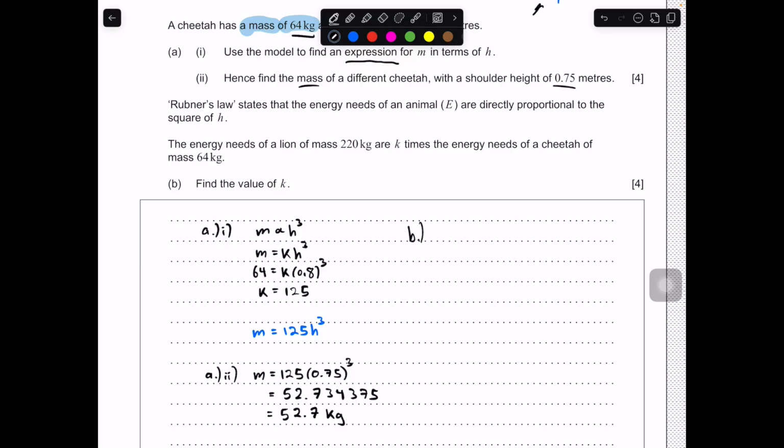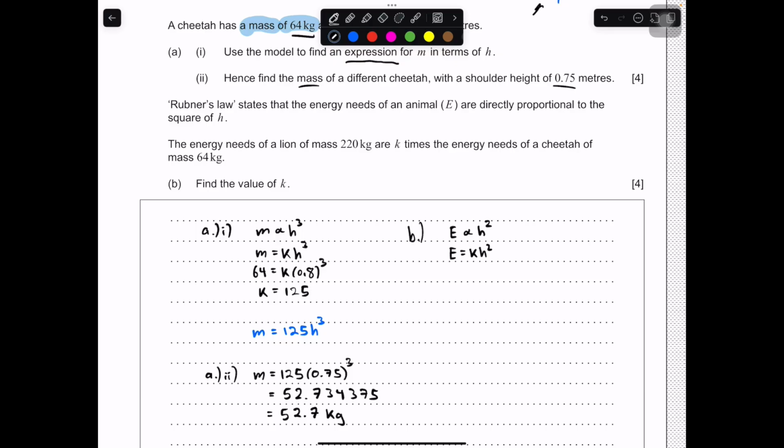They're telling us that the energy needs of an animal are directly proportional to the square of its height. Or if we wanted to, I guess we could say energy needs are equal to kh squared.